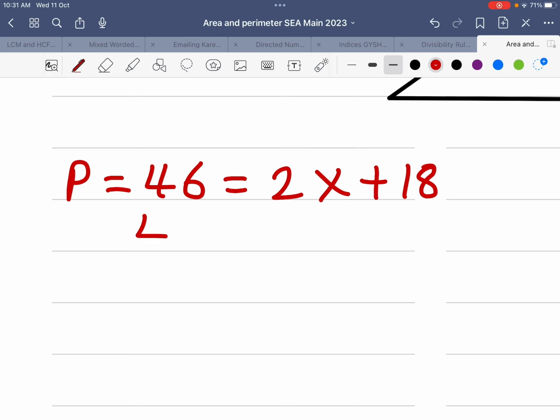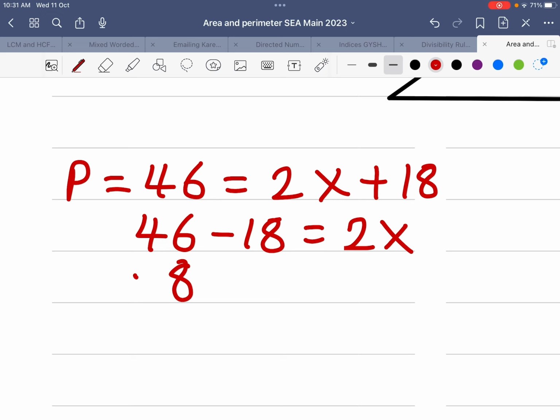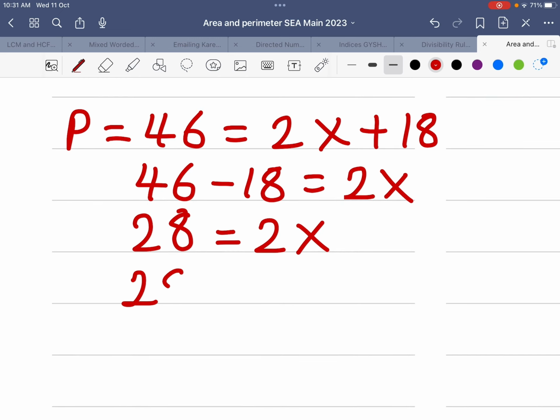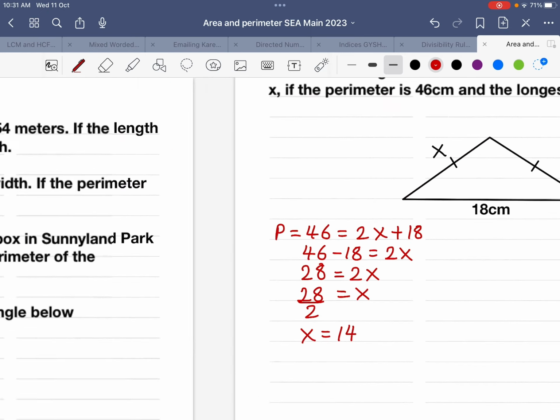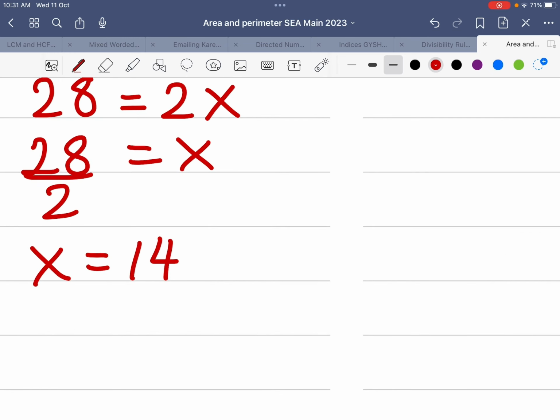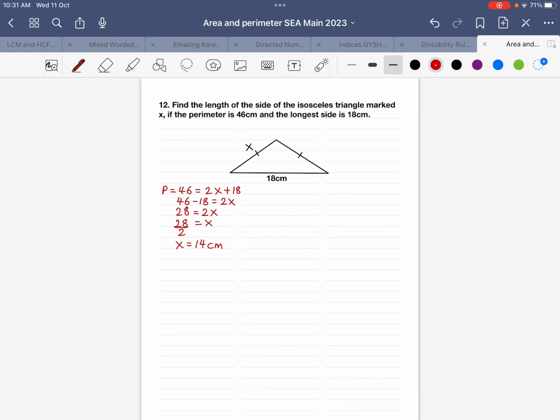So we can start by subtracting the 18 from the perimeter, and we will remain with the 2x. 46 minus 18, that will be 28. 28 is equal to 2x, or 2 times x. So x will be 28 divided by 2. So x will be equal to 14 centimeters. And that is your answer.